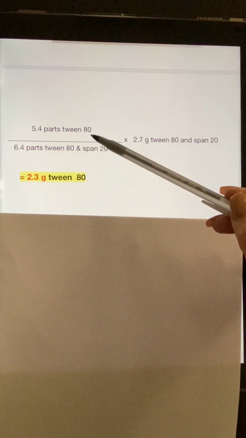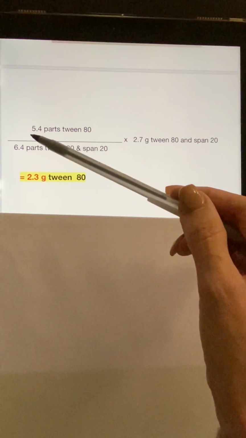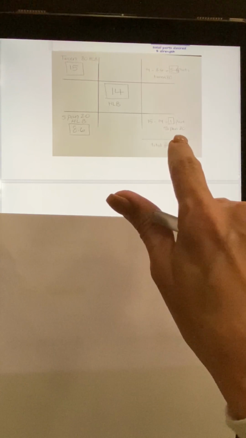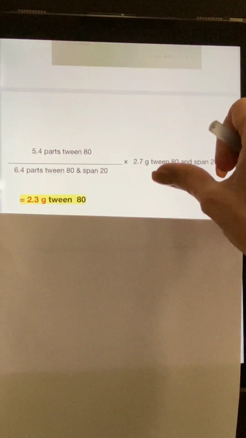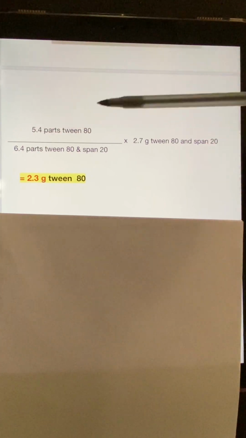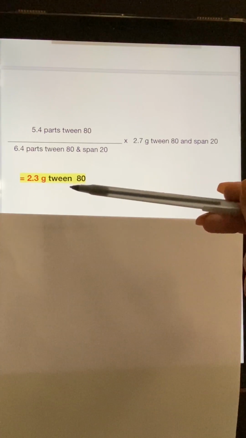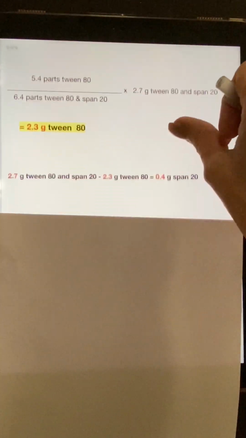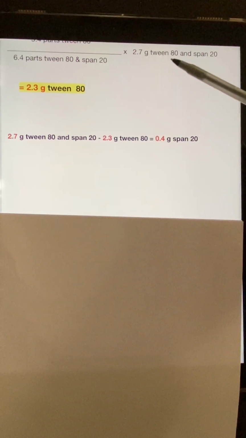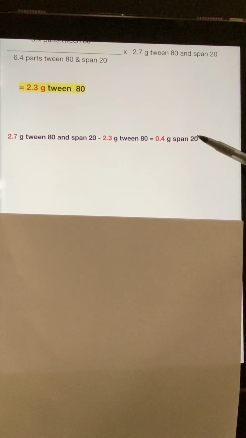You could use the Span 20 instead of putting 5.4 parts. You would have used 1 part for Span 20. I chose Tween 80, so I put in 5.4 parts for Tween 80. At the end, I got 2.3 grams for Tween 80. Subtracting 2.3 grams from the total amount of Tween 80 and Span 20 together will give me how much of Span 20 I need.